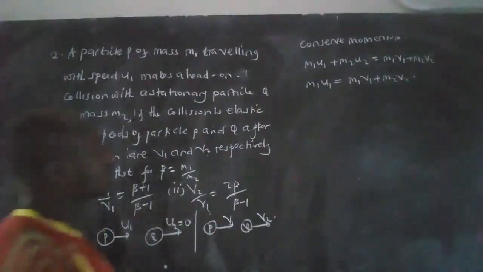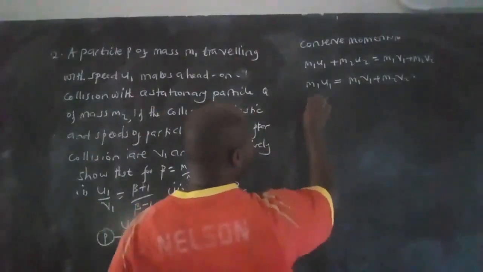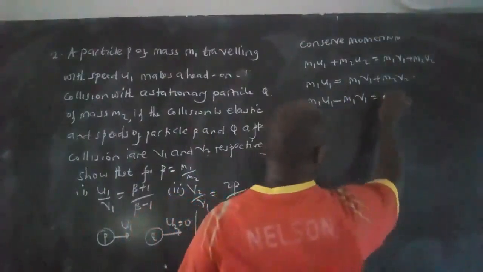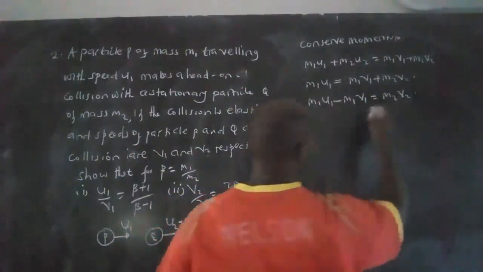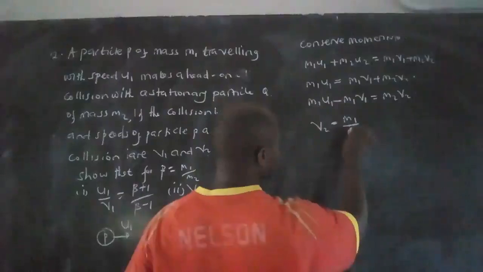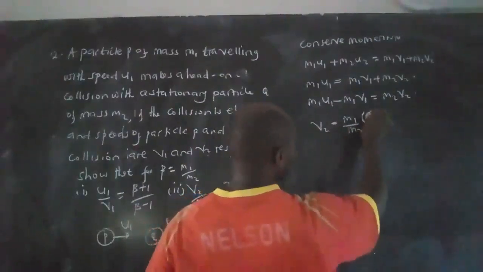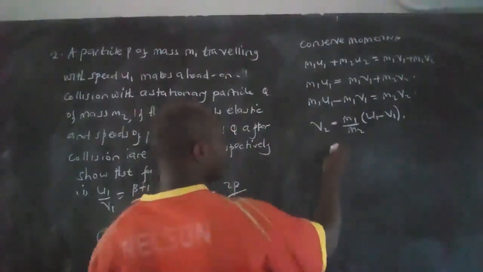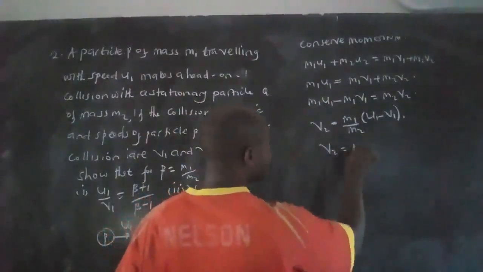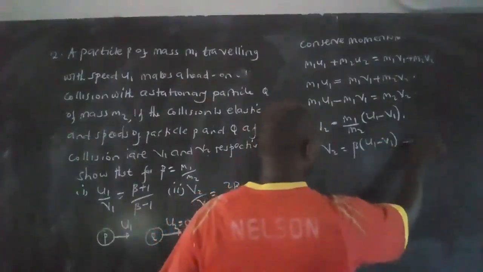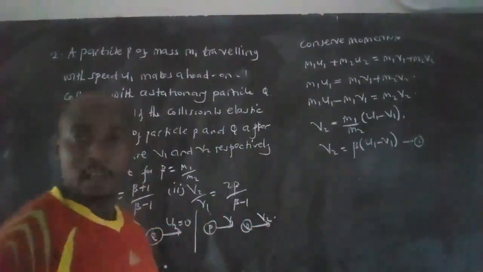We shall have m1 u1 minus m1 v1 is equal to m2 v2. So v2 will become m1 over m2 into u1 minus v1. But this is beta, so v2 will become beta into u1 minus v1. Equation 1.